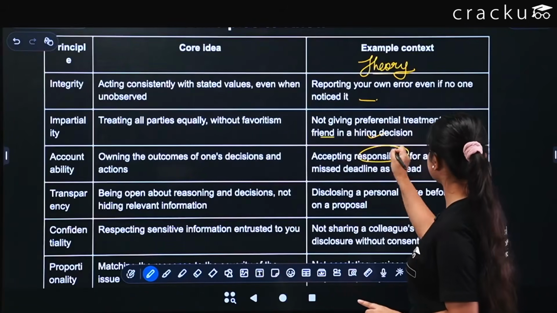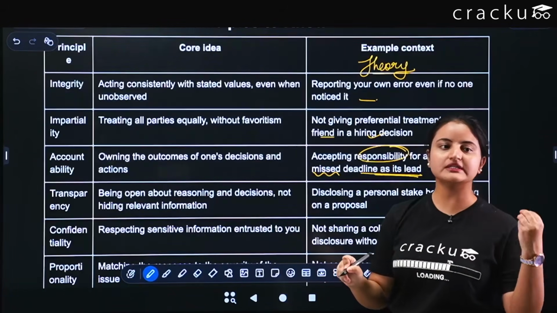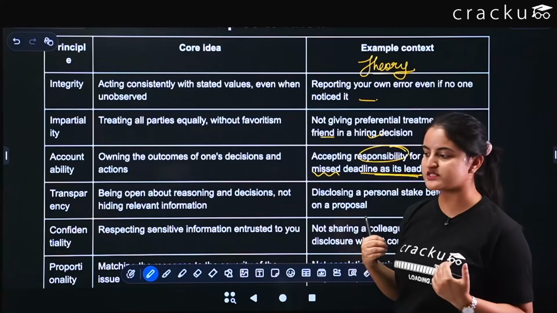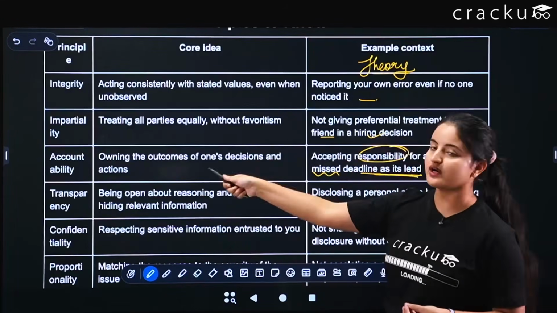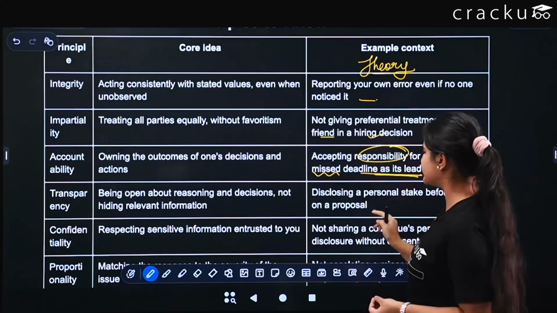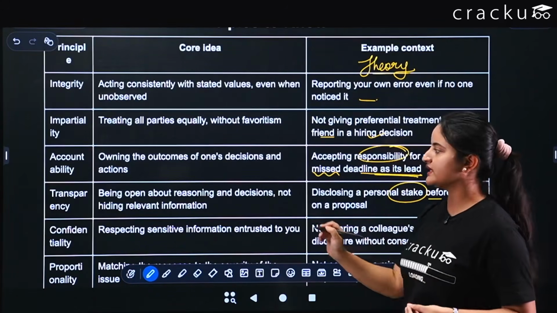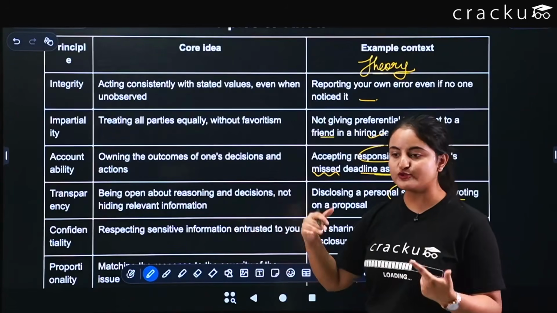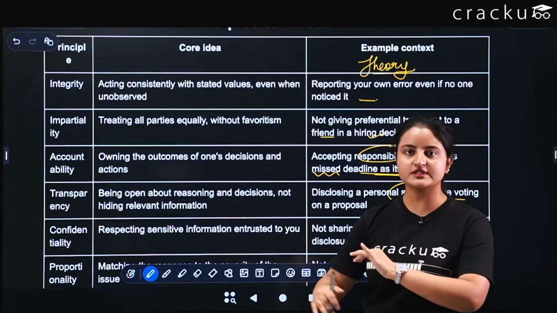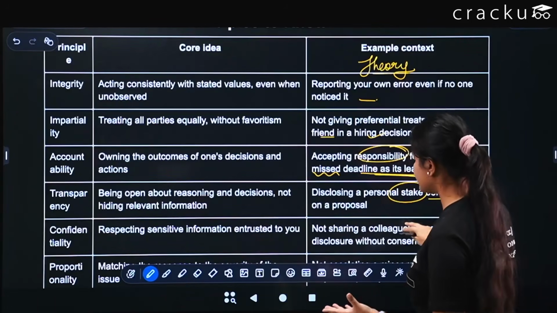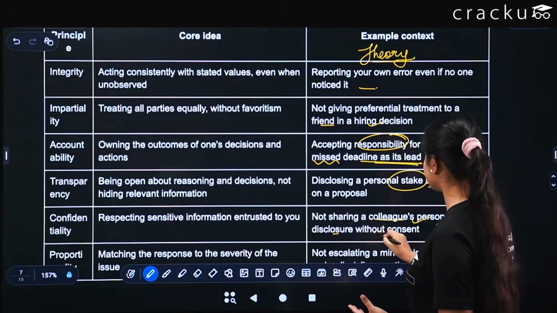Accepting responsibility for a team's missed deadlines as its lead. If you are the lead, you have to accept the responsibility if your team fails to deliver something. This is called accountability. Disclosing a personal stake before voting on a proposal. This is transparency. If you have a personal stake in a situation, you must disclose it before the group. Confidentiality: not sharing a colleague's personal disclosure without consent.